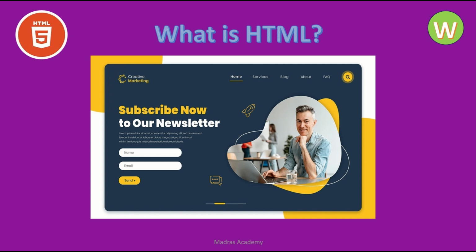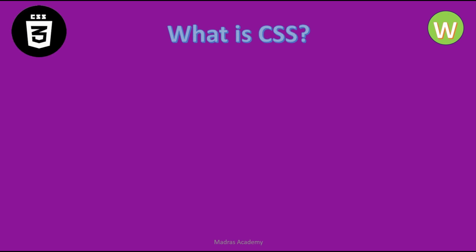You are not able to make color or proper alignment, everything we are not able to do in the HTML language. So if you need to make a colorful and innovative application, we need to develop the look and feel, and at that time we have to learn CSS. So for that only we are using CSS. Now, what is CSS? CSS stands for Cascading Style Sheet.